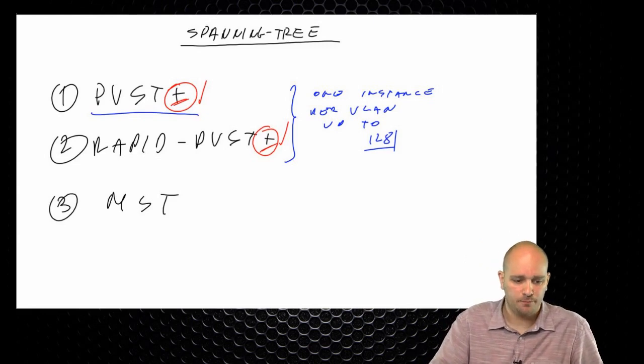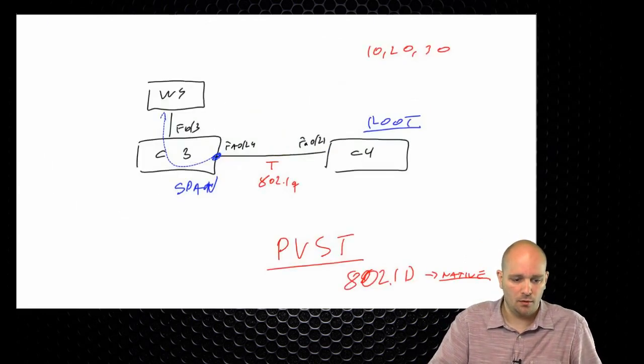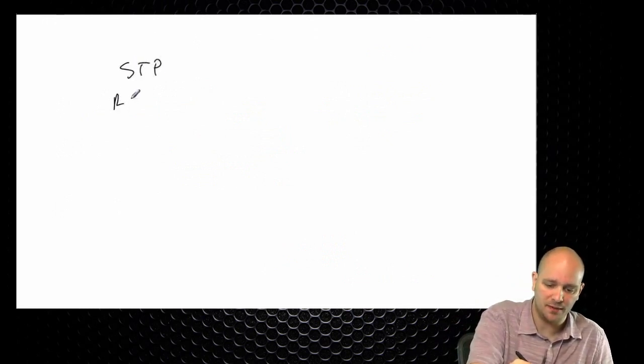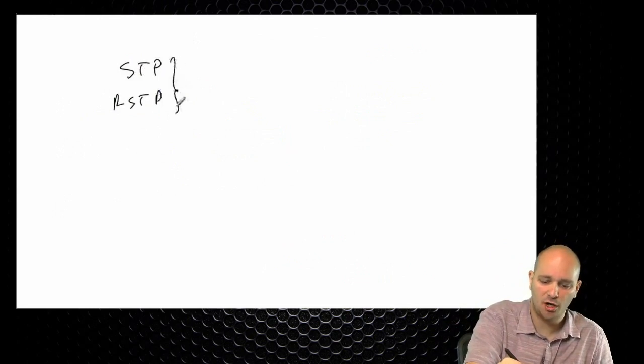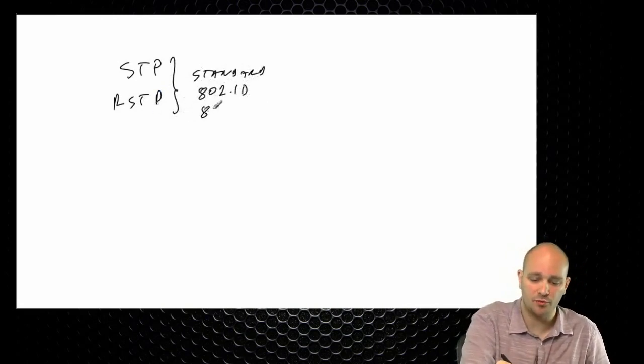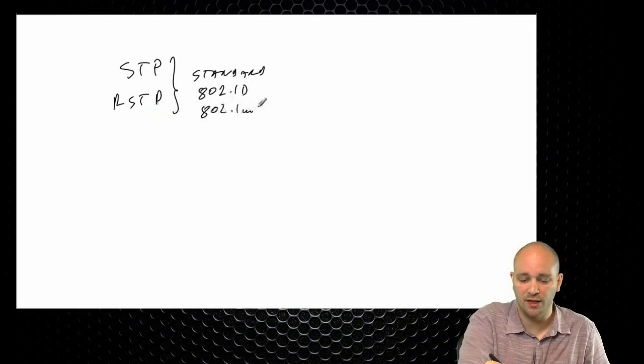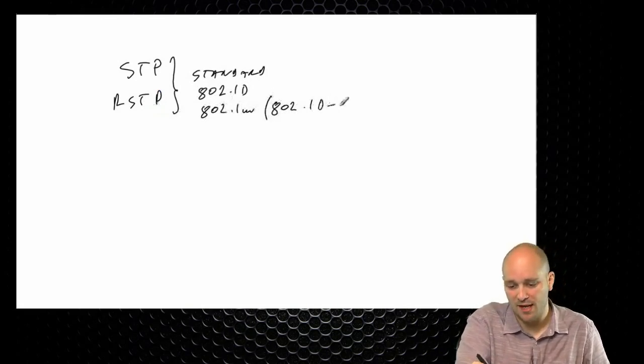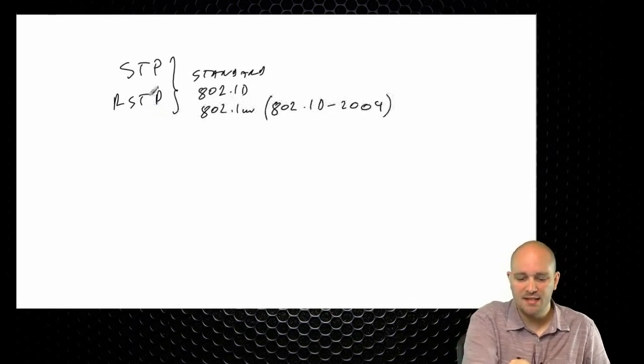So when we have a traditional spanning tree, I'm just going to call it STP, and rapid spanning tree, these are standards. And STP is 802.1d. Now, interestingly enough, rapid spanning tree was originally 802.1w, but it's now 802.1d-2004. These are the standard-based.